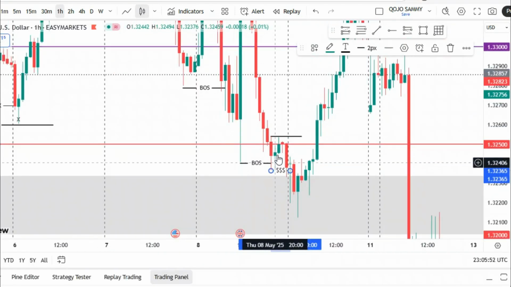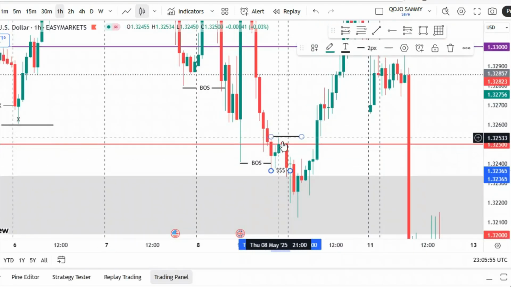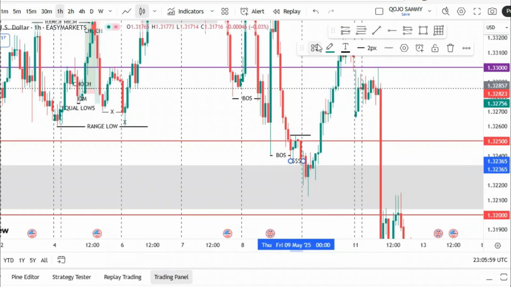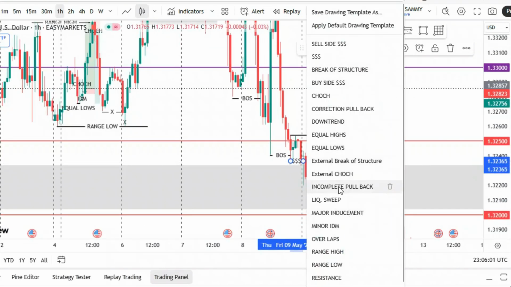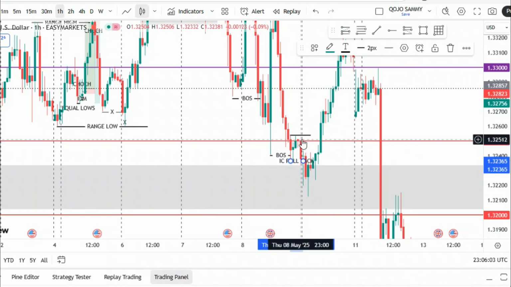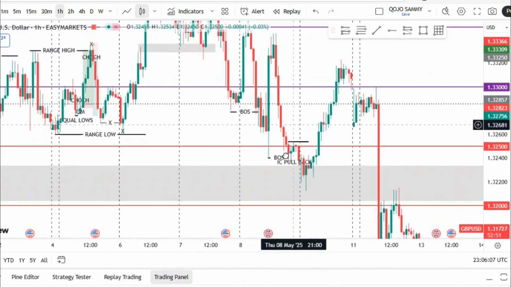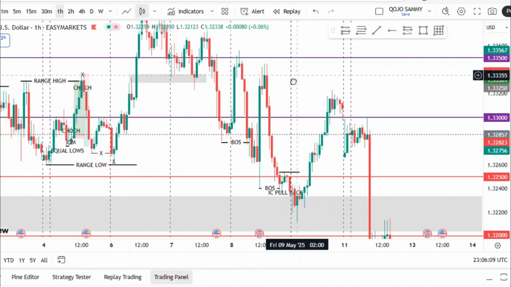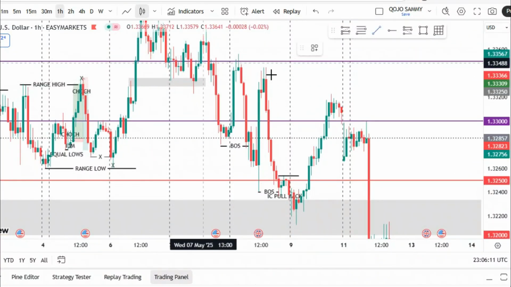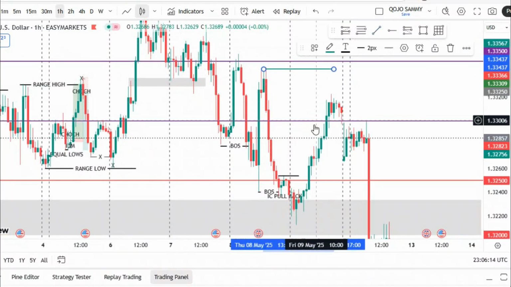If price did not create this movement, this incomplete pullback right here, and just jumped right above here, I would want to wait for these highs to be taken out.